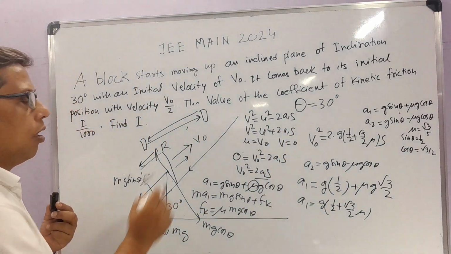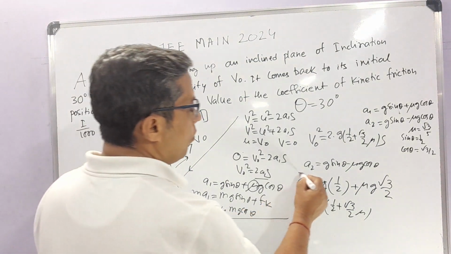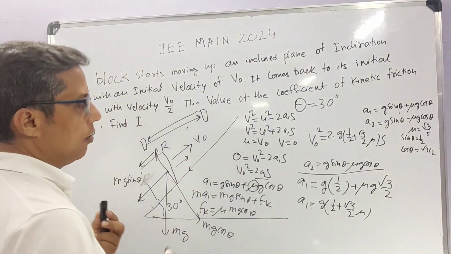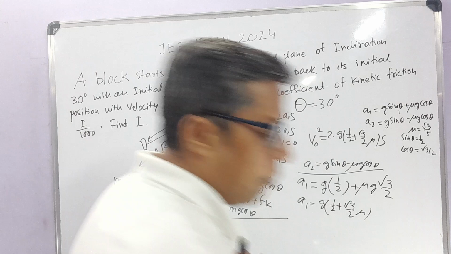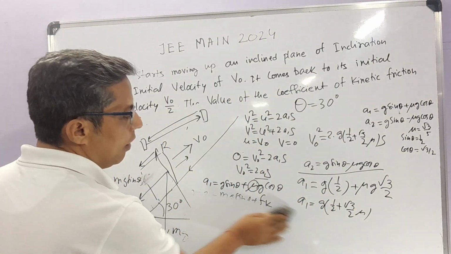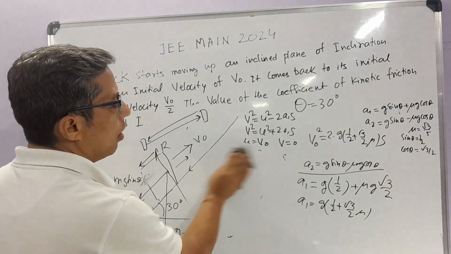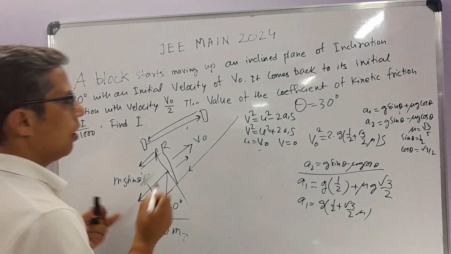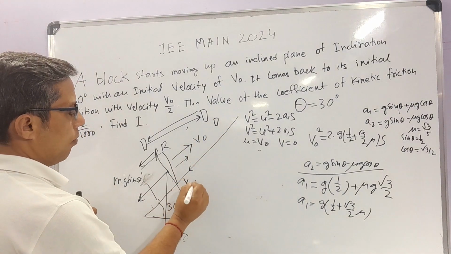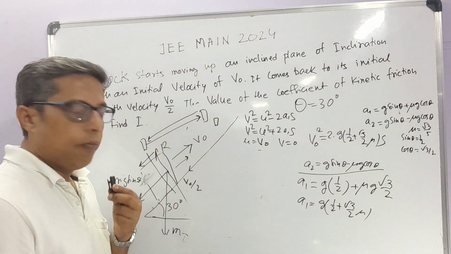Similarly, for the downward motion, I have told you the acceleration a2. So for downward motion, what is the final velocity? Let me remove a few parts from here. This was a1. Now for a2, the initial velocity was 0 and the final velocity is v0 by 2, because they told us it comes back to the same position with velocity v0 by 2.